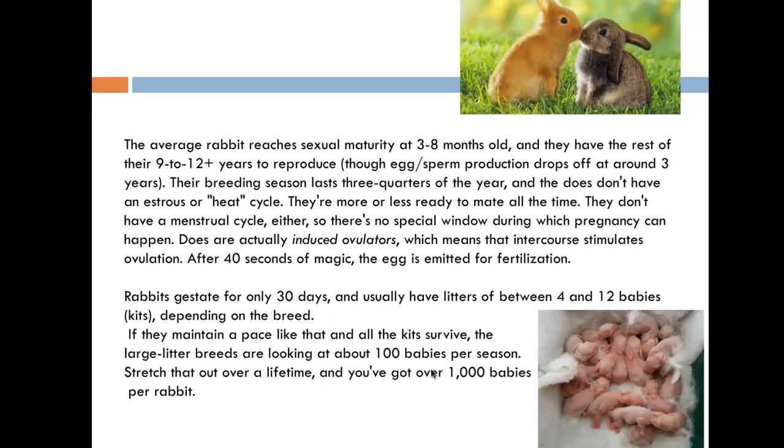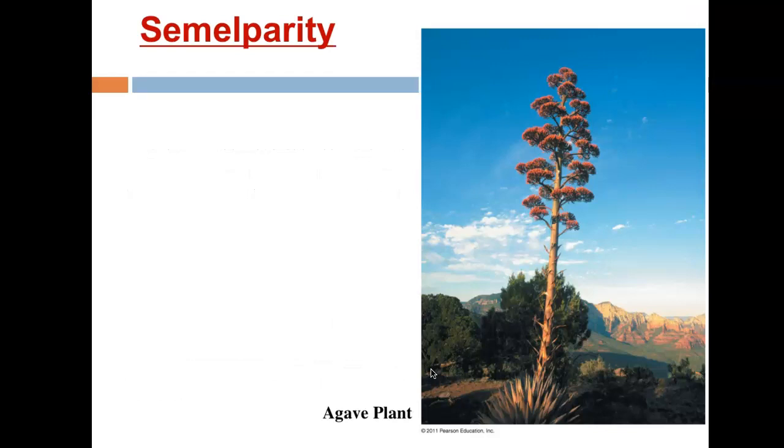And she will gestate, meaning she'll be pregnant, for only 30 days. Like I said a minute ago, when she has her litter, she is ready to get pregnant again the next day. And she's looking at about 100 babies per season and about 1,000 babies per rabbit per lifetime. So pretty crazy reproductive pattern in rabbits.